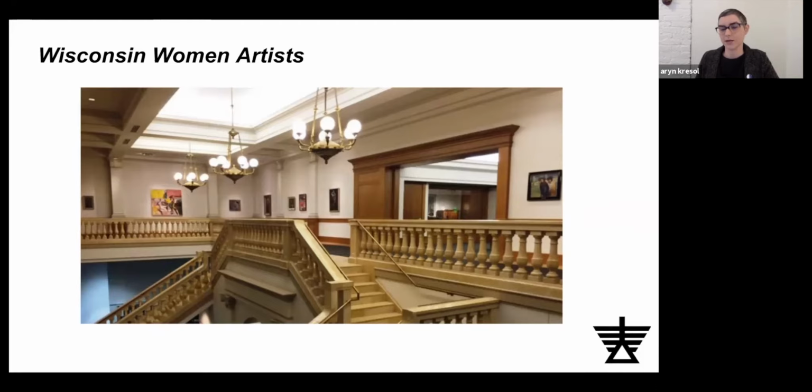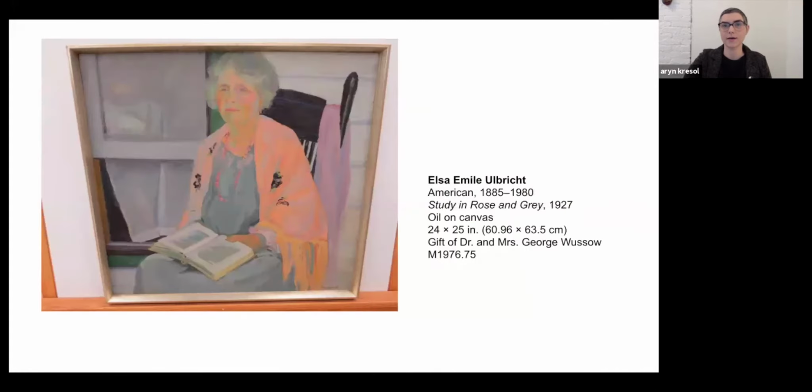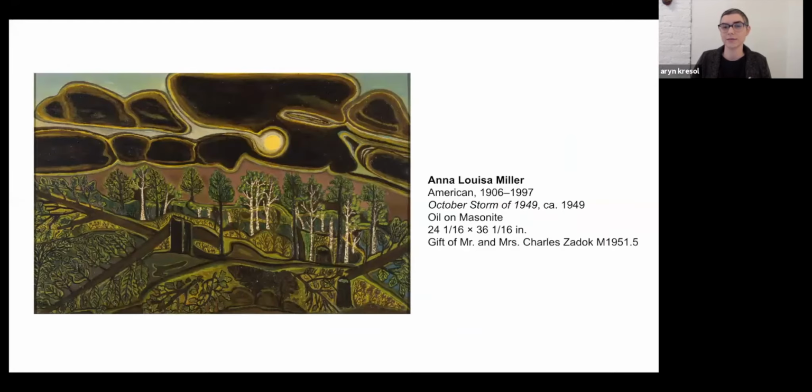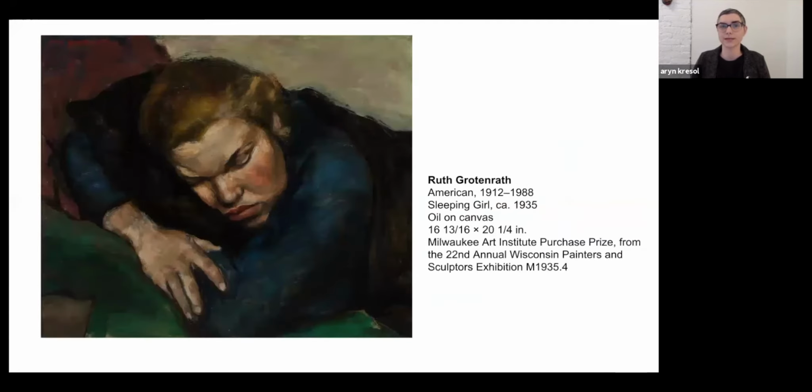Wisconsin Women Artists included a showcase of over a century of work by Wisconsin women artists, including Elsa Emile Ulbricht, Study in Rose and Gray from 1927, which was acquired in 1976. Ana Luisa Miller's October Storm of 1949, which was acquired in 1951. And Ruth Grotenroth's Sleeping Girl, circa 1935, also acquired in 1935.